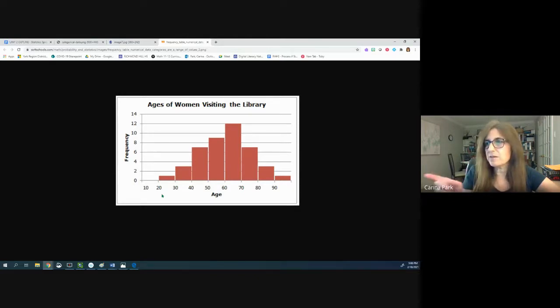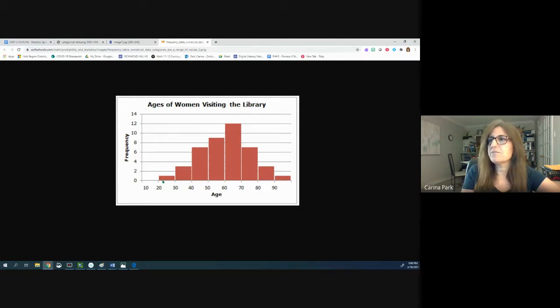So these bars are actually attached. There's no gap between them, right? So anything between 20 and 30 would be in this bar. Anything from 30 to 40 would be in this bar. And 30, actual 30, you would think either in the bar to the left of 30 or the bar to the right. We actually put it in the bar to the right.